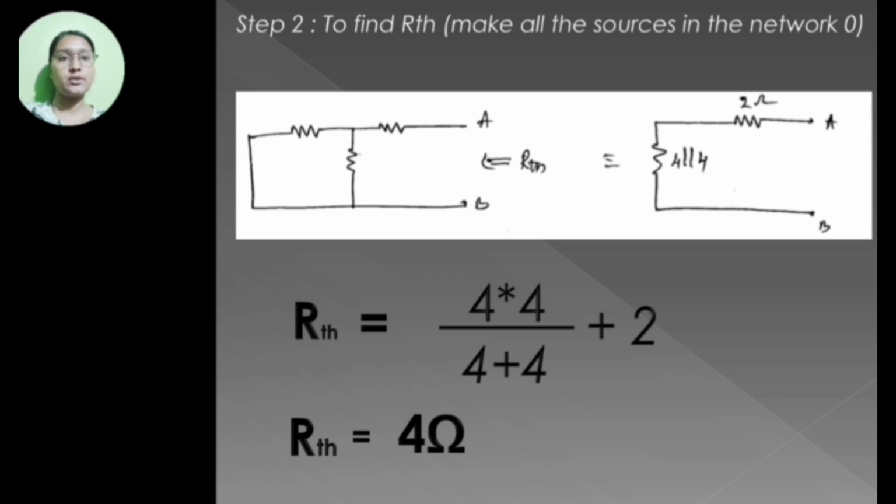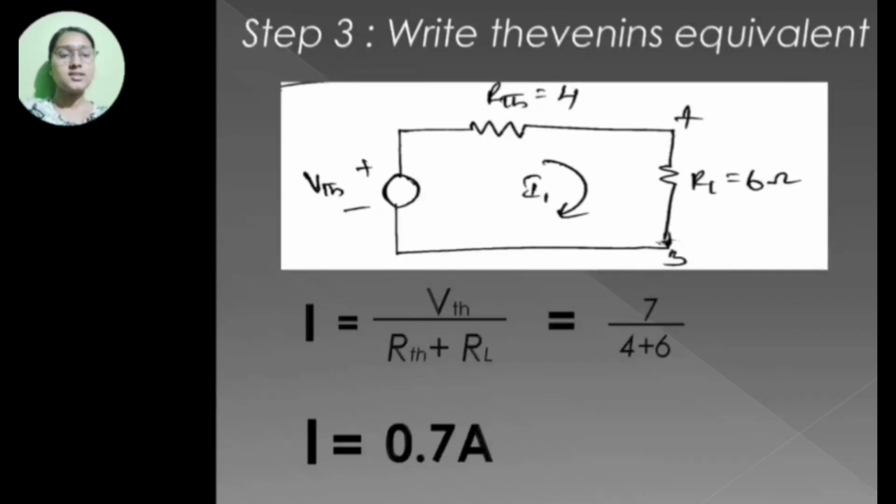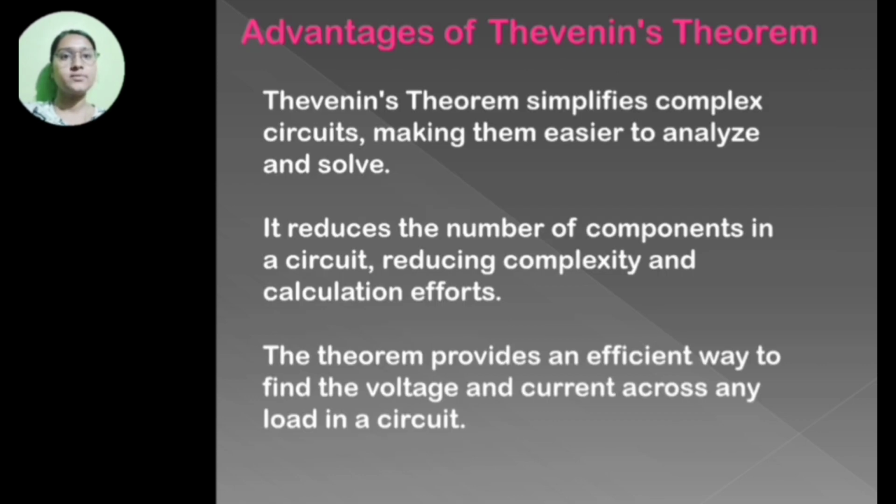RTH value is 4 ohm. Last step, to find the load current. I equals VTH divided by RTH plus RL. VTH value is 7, RTH value is 4, plus the load resistance is 6. 7 divided by 10, so I equals 0.7 ampere.